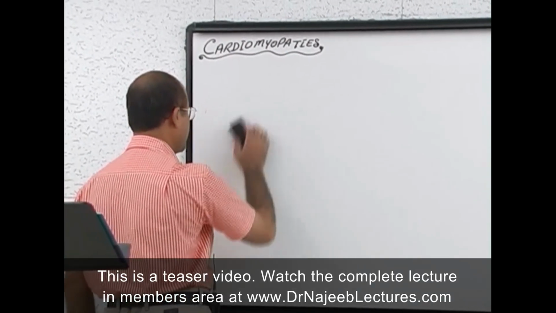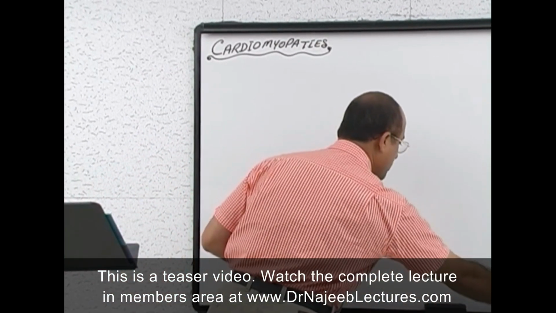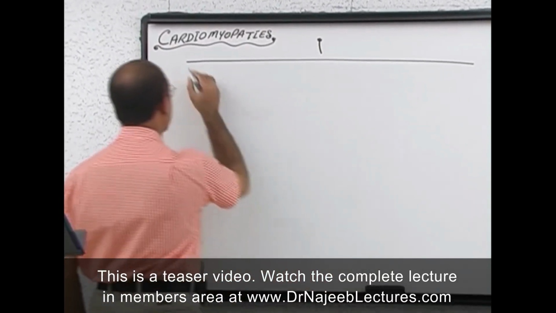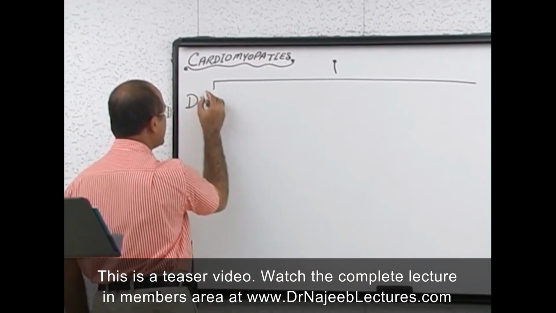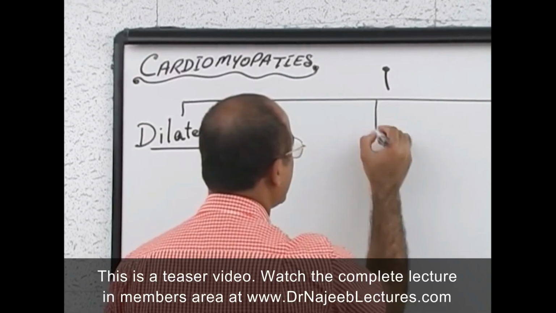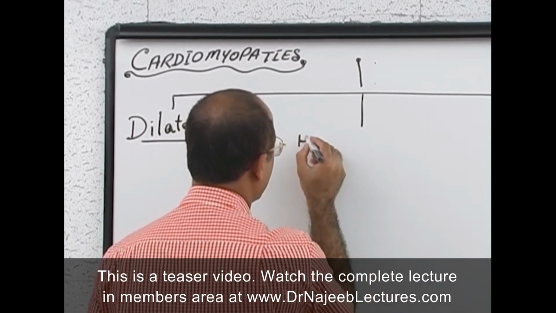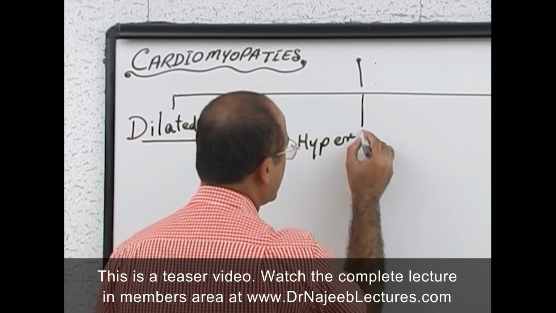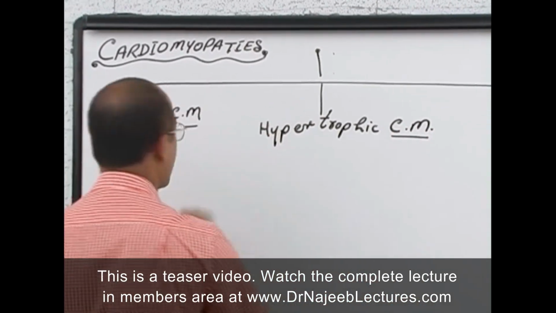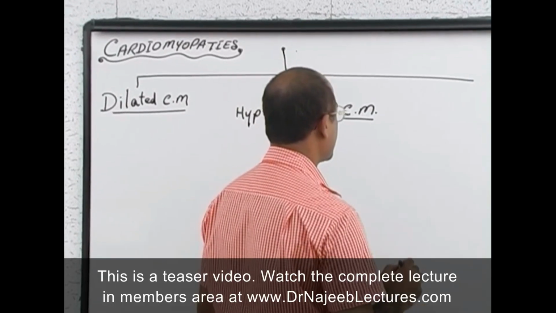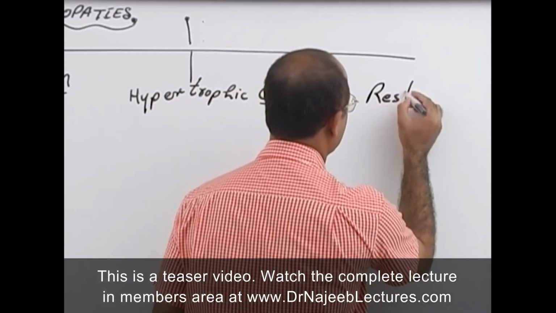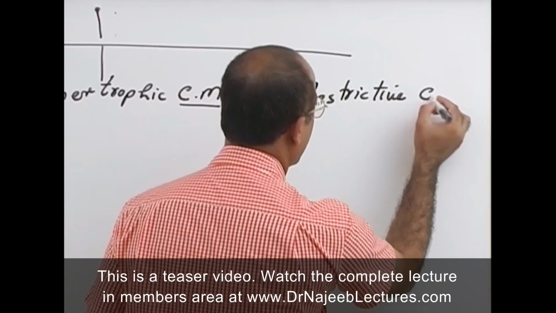Primarily, cardiomyopathies are divided into 3 groups, and these are dilated cardiomyopathy, hypertrophic cardiomyopathy, and restrictive cardiomyopathy.